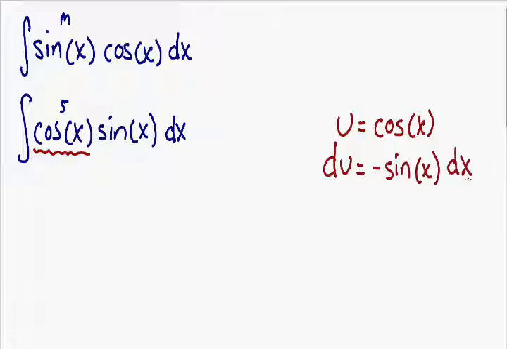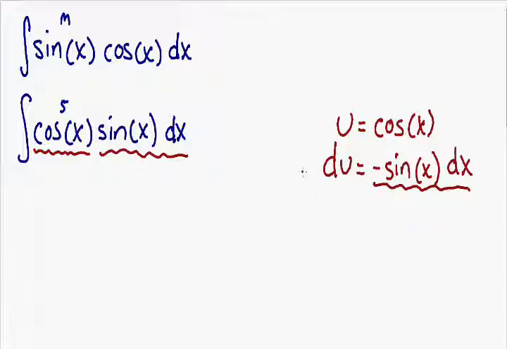And notice in our integral we have a positive sine of x dx, and in our du we have a negative sine of x dx. So we want to make this du exactly the same as in our integral. So we are going to make both of them the positive sine of x dx.